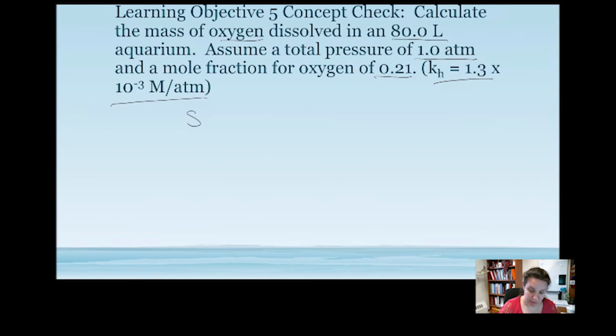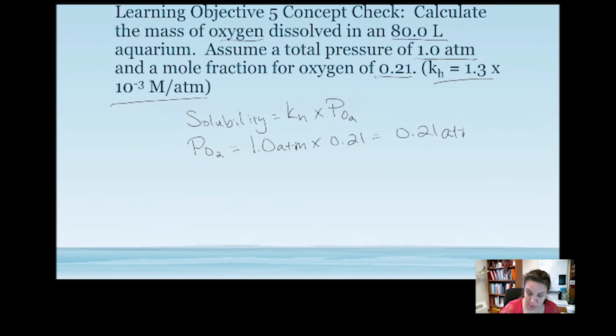So we want to solve for our solubility, and it'll equal our Kh constant times the pressure of oxygen. To figure out our pressure of oxygen, it's going to be our atmospheric pressure times our mole fraction, giving us 0.21 atmospheres.